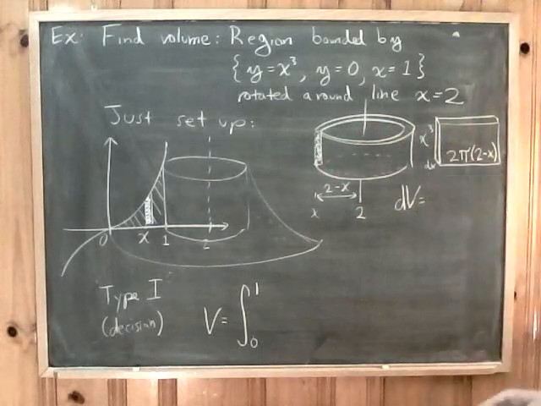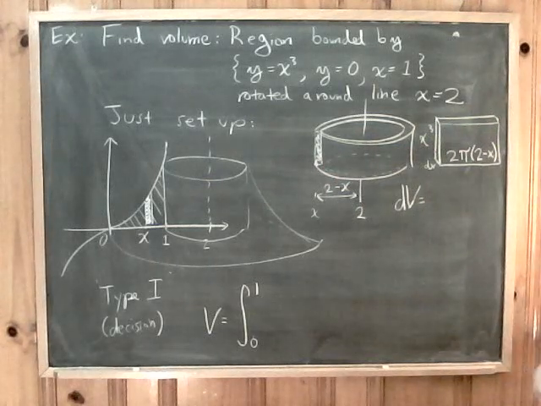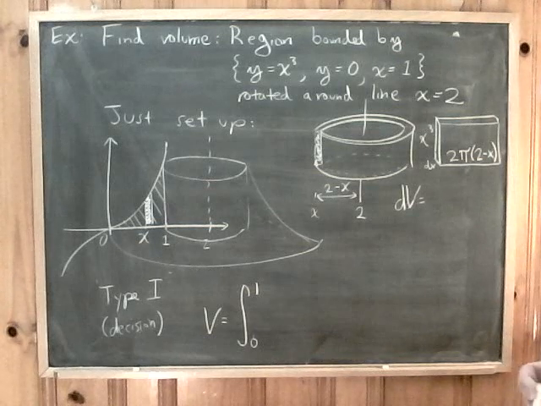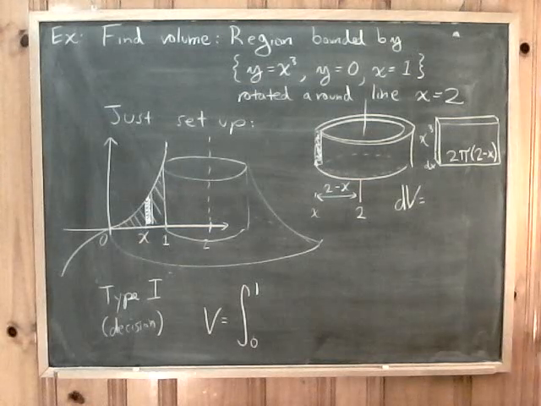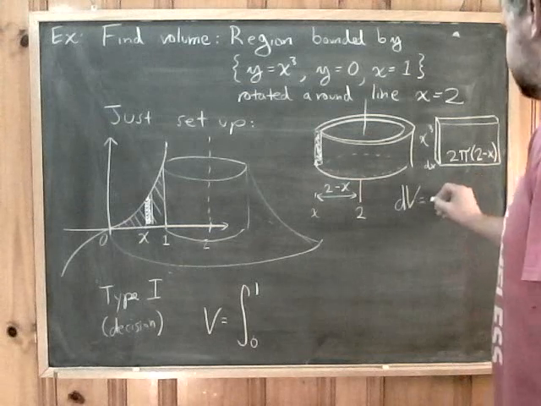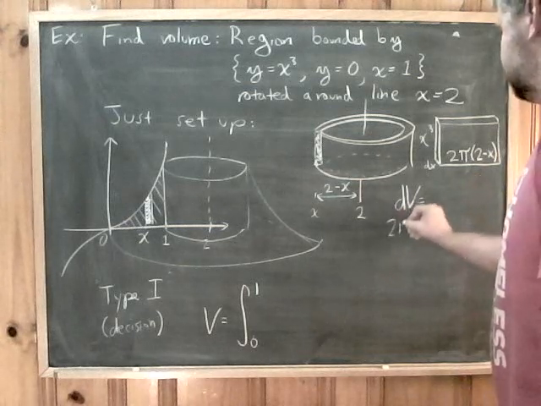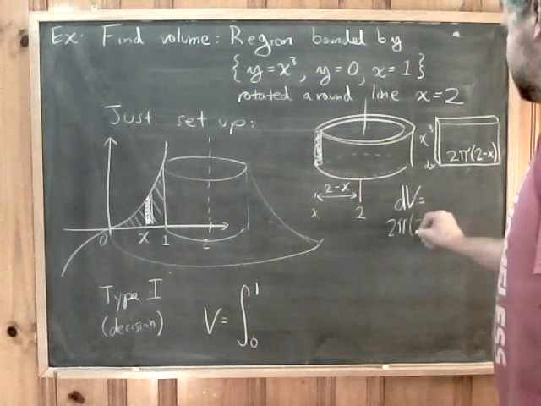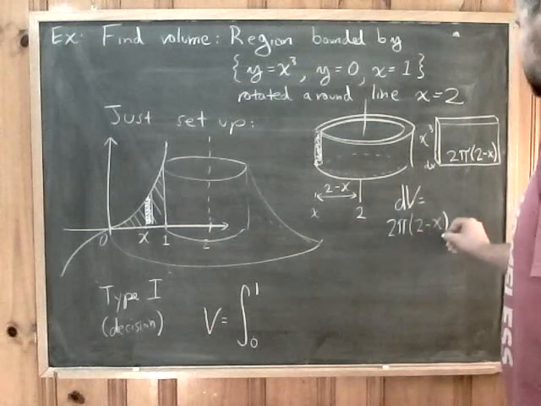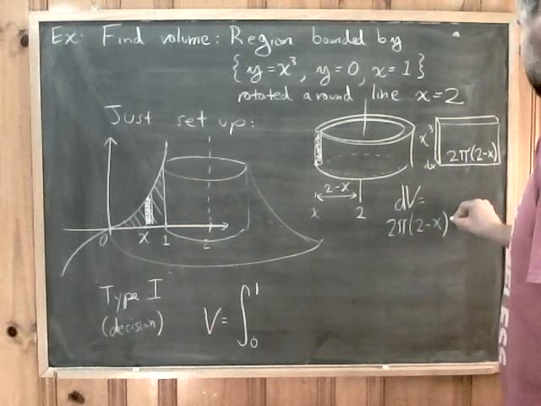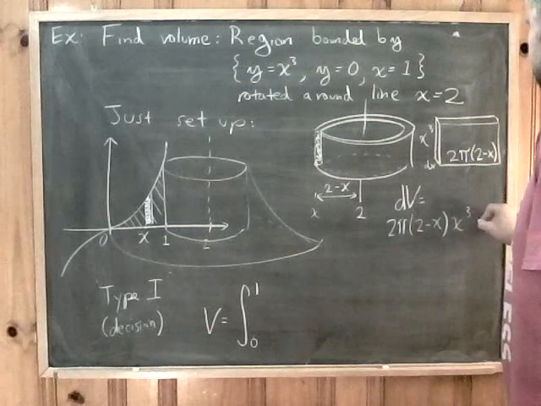And so dV is going to be the 3 dimensions of that rectangular solid, the rolled out cylinder, that has the circumference 2 pi times 2 minus x, and then times the height, x cubed, times the thickness. So it'll be 2 pi, 2 minus x, x cubed, and dx.